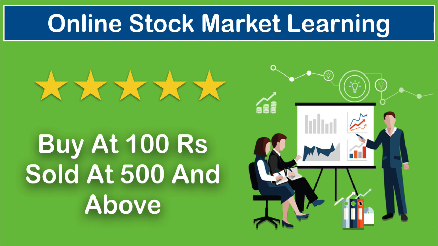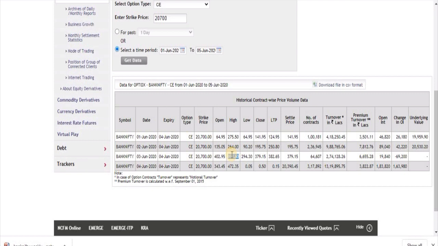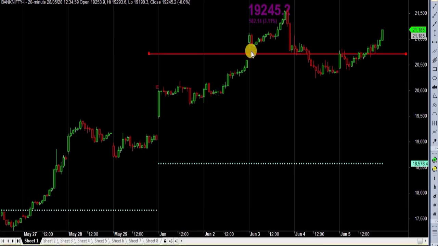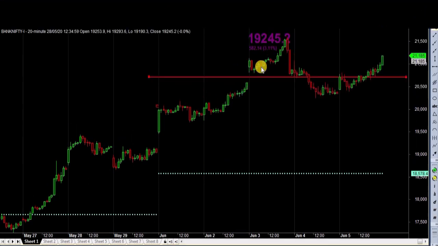Basically you have to book your profit once you are getting 500% profit. So for example, once the price of the Bank Nifty call 20,700 reaches 500 rupees, you have to sell it. That is how you can make 5 times the return on this strategy. And then you have to forget about the complete week.